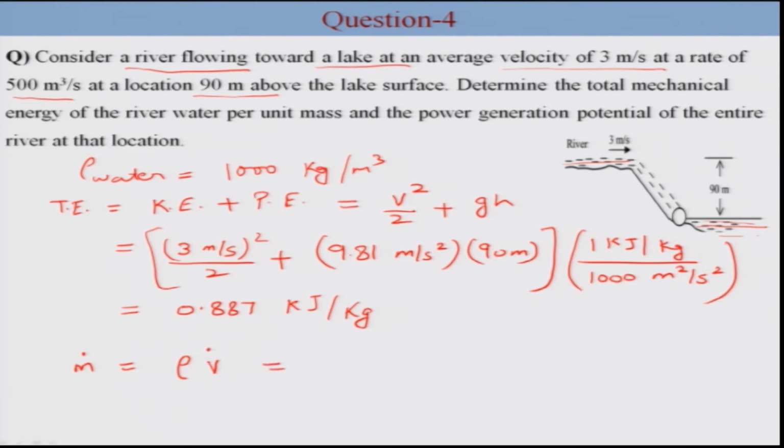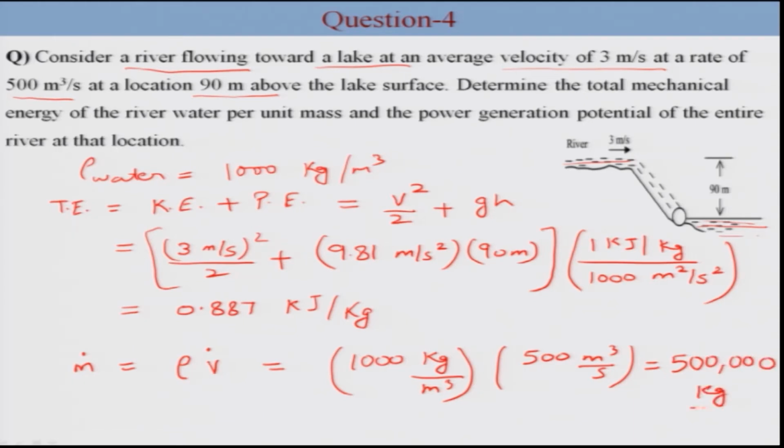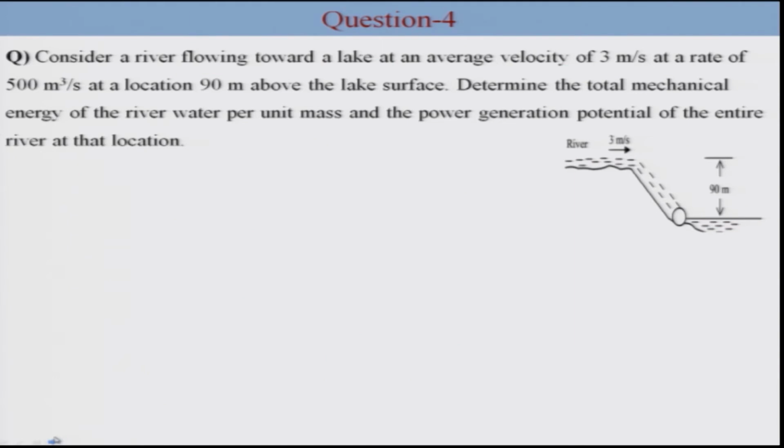So, this is 1000, the density of water, multiplied by the volume flow rate, that is 500 meter cube per second. So, the mass flow rate comes out to be kg per second.